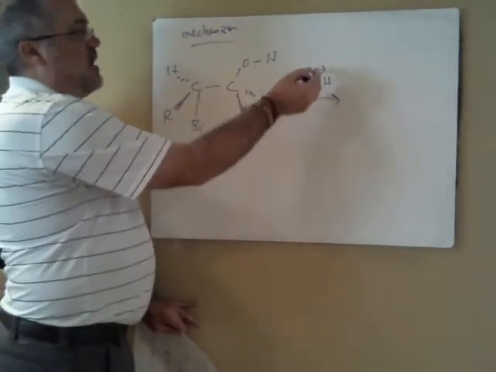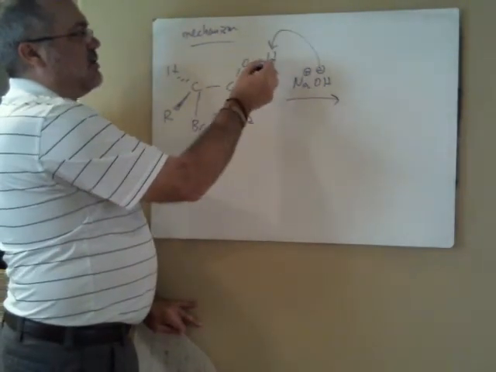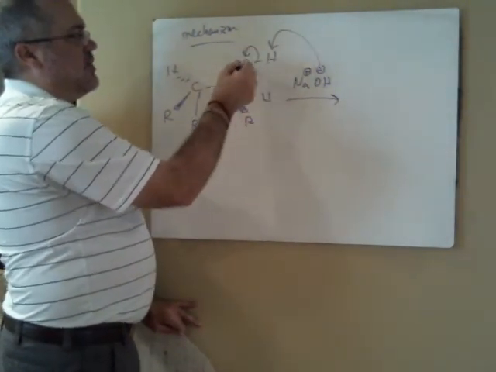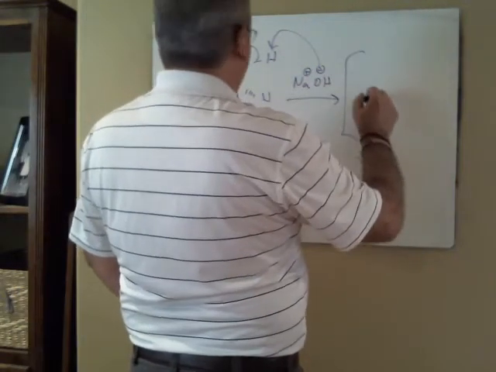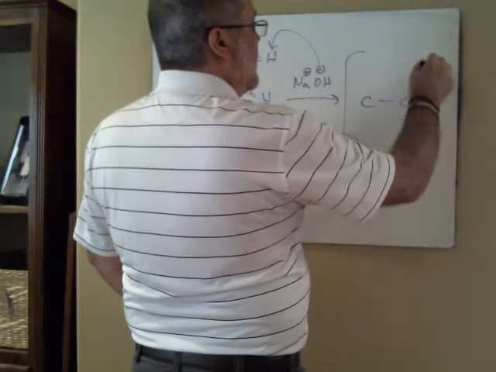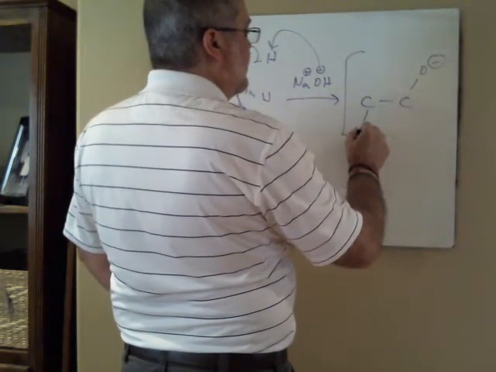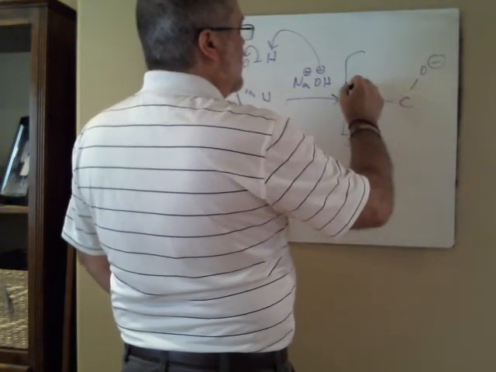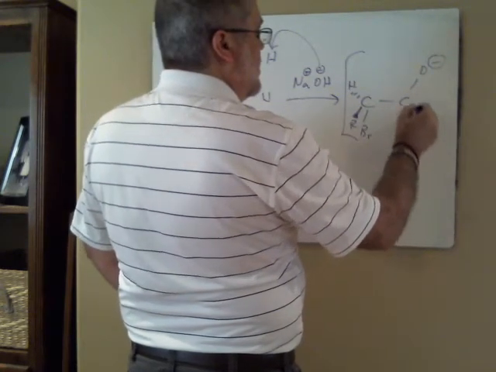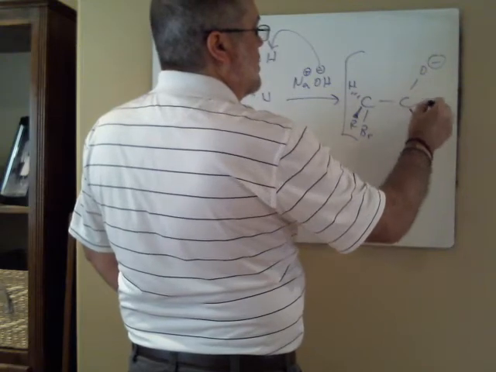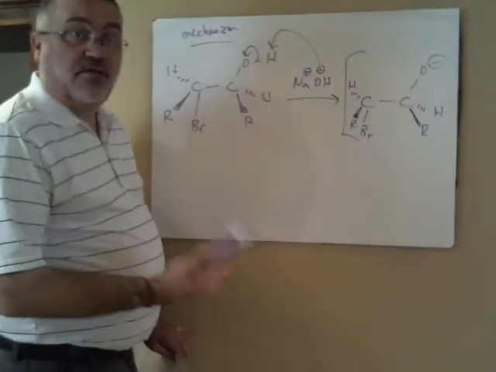Basically the base is going to take off our acidic proton, move the electrons to that oxygen. So the intermediate that would form would be the alkoxide there, still with my bromine. I'm keeping the stereochemistry I drew before. So you'd form that intermediate.